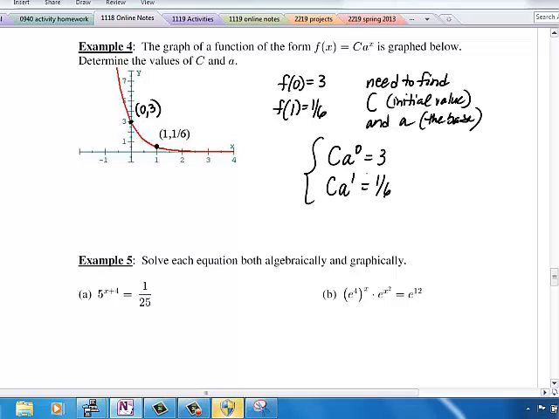So what we have is basically a fairly simple system of equations. A to the 0 is just 1, so this is c times 1 equals 3, or c equals 3. And then we can plug that into the other, and we have 3 times a equals 1/6, which means a is going to be 1/6 divided by 3, or 1/18. So our function is 1/18 as the base and 3 as the initial value.